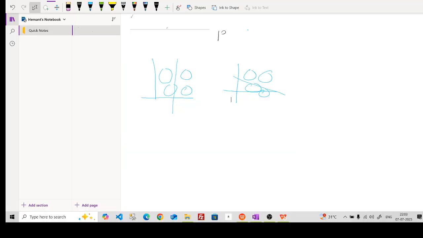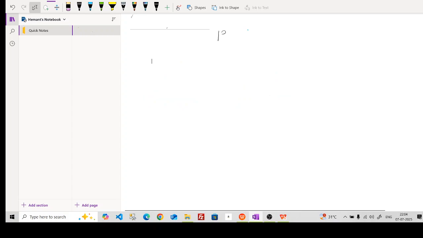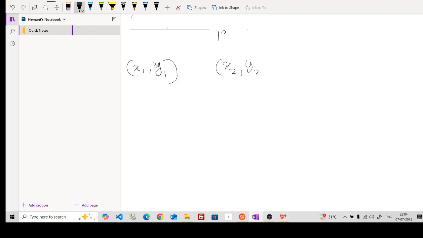So we know that Euclidean distance can be calculated using a formula. Suppose x1 comma y1 is one data point, and x2 comma y2 is the second data point.